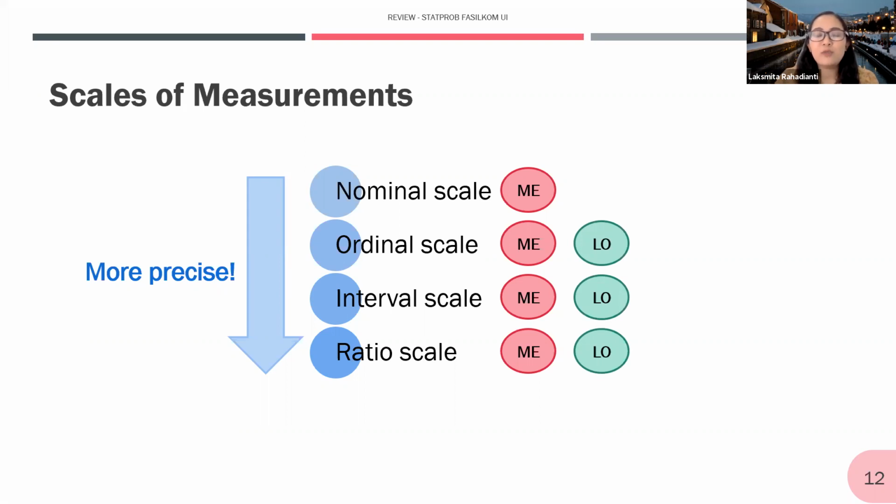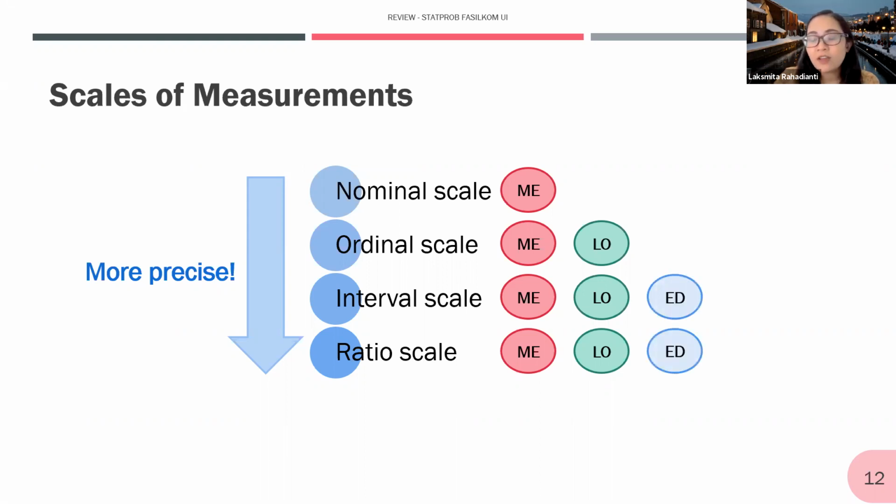In the argument just now, when we were talking about gender, female and male, you cannot put one above the other, so you do not have a logical order. Same goes for juices at Fasilcom. But if you're talking about anything else, like your end score in Statprob, A, B, C, D, E, there is some sort of order to it.